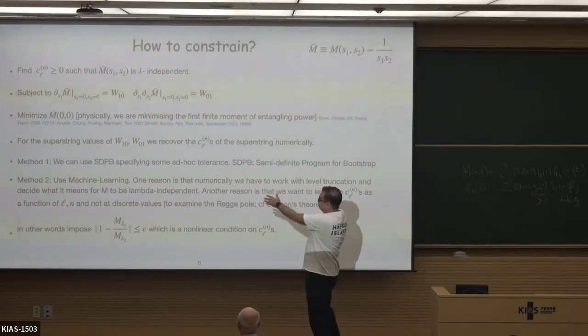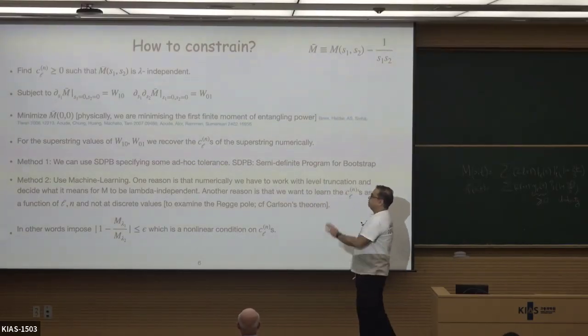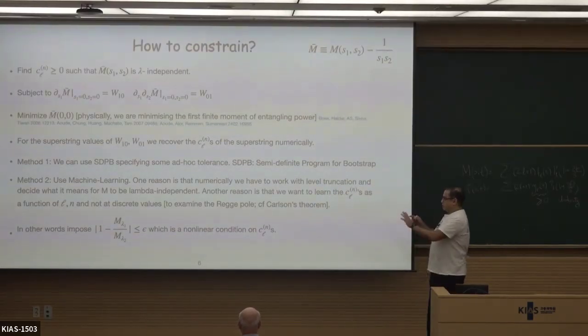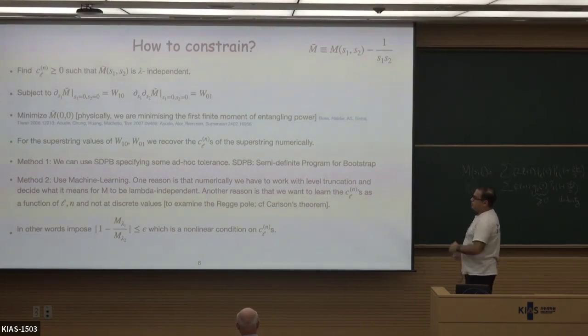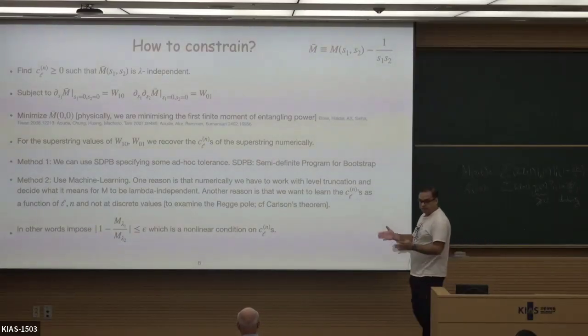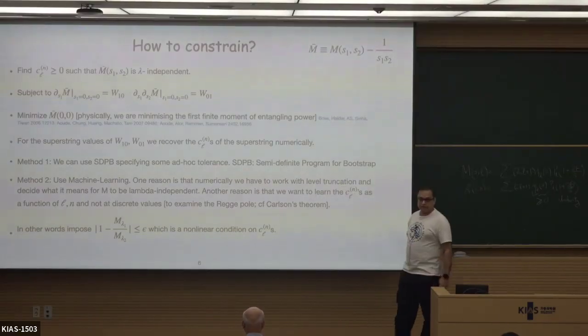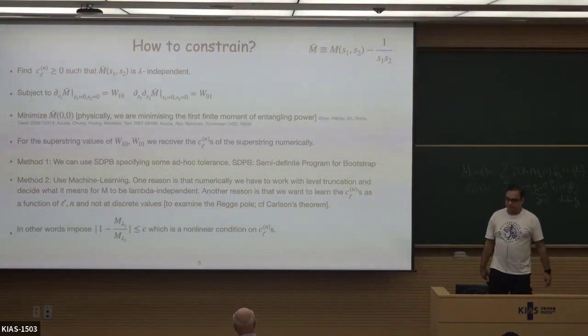And what happens, and I'm going to show you some plots in a bit, is that if you fix your W10 and W01 to be the superstring values that I showed in the previous slide, you basically recover the CNLs, which are extremely close to the superstring expected answer, by playing this game.